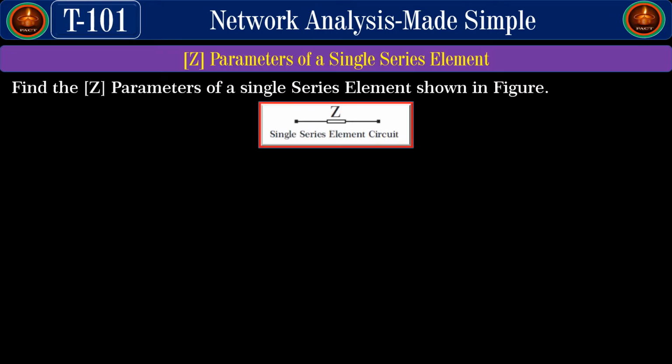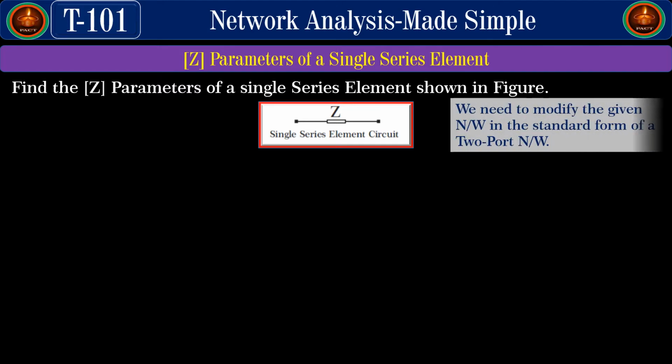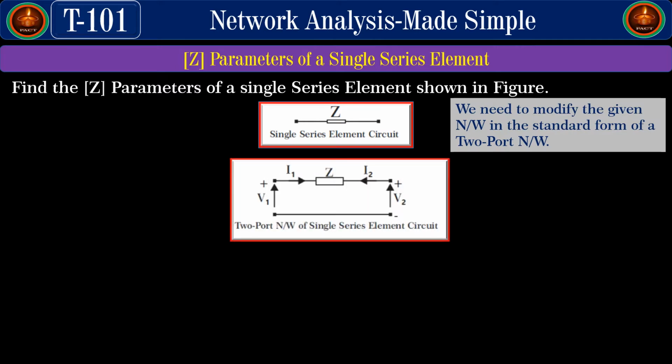Friends, first we shall find the Z parameters of a single series element shown in the figure. You find that the figure given does not seem to be a two-port network. So, we have to first represent the given network in the standard form of a two-port network, and here you find the two-port network.